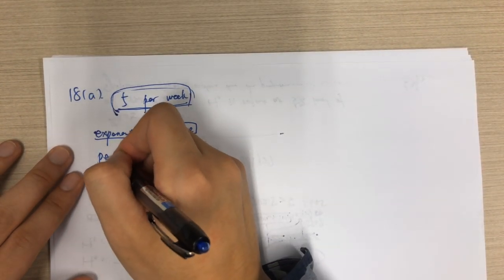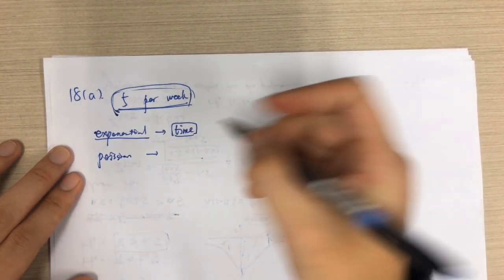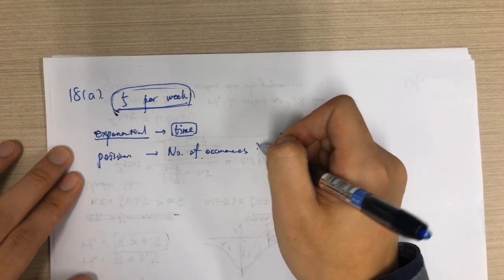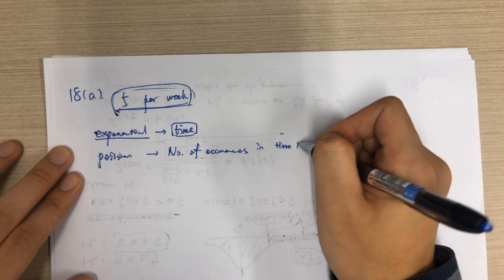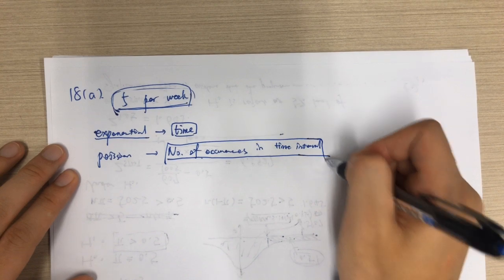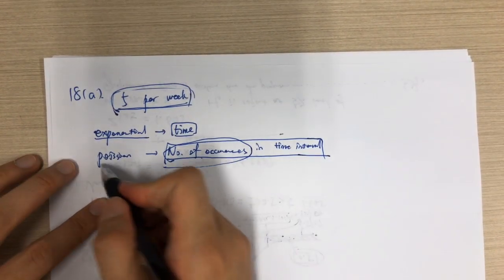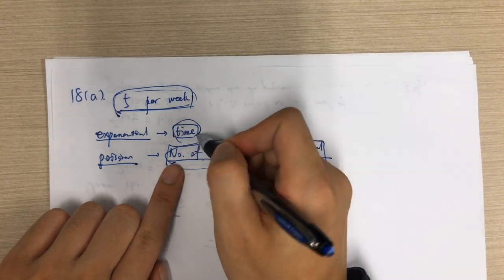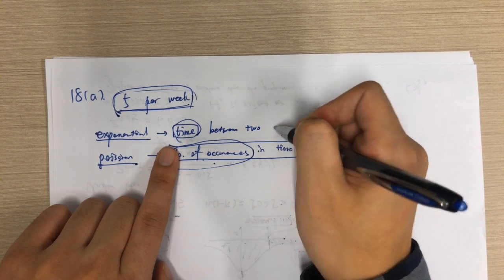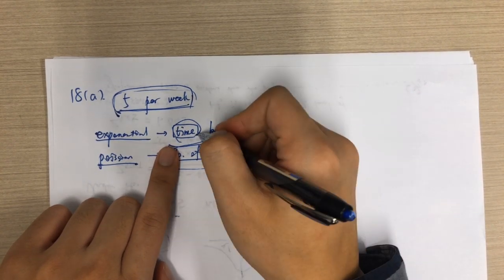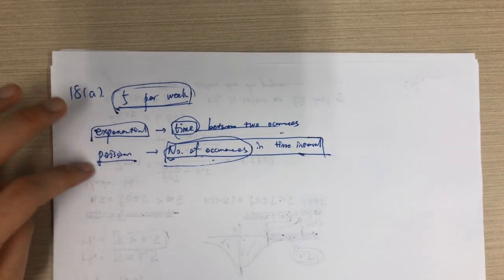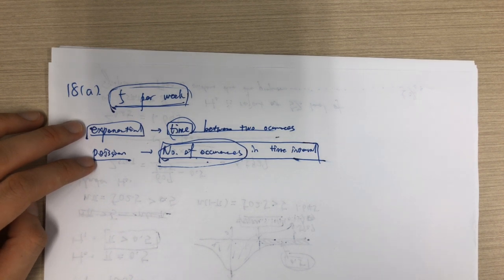But for the Poisson, it is the number of occurrences in a certain time interval. So if the number of occurrences follows a Poisson distribution, then the time between two occurrences follows an exponential distribution. That's the relationship between Poisson and exponential distribution.